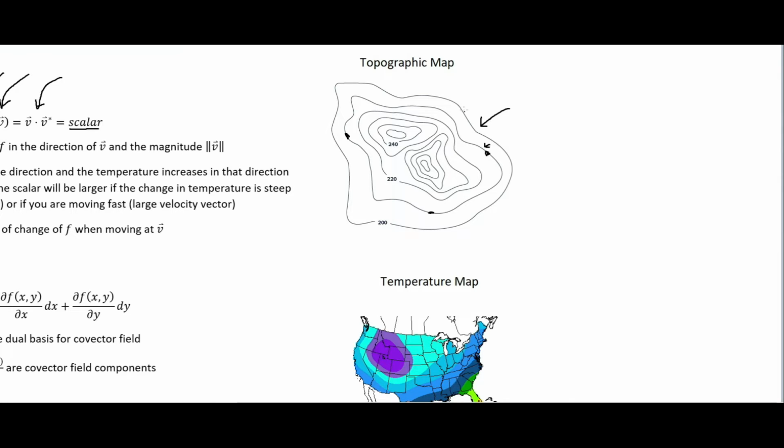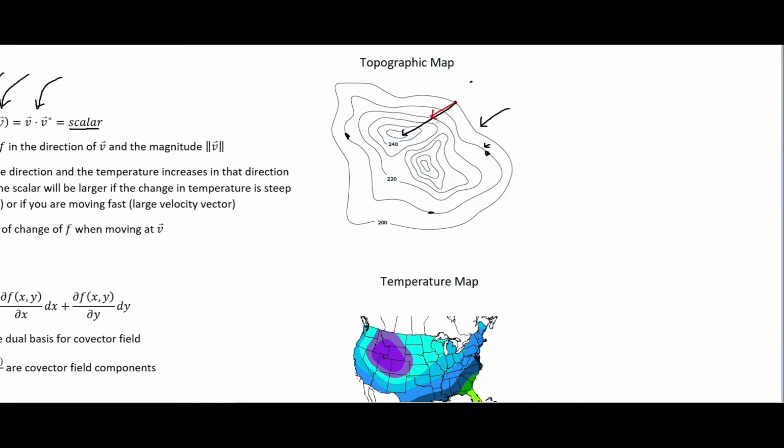And so as we go from, say, here this way, this right here is a vector that maybe we could say is our velocity. When we take the dot product of that vector with this covector field, we actually get how high up we go. And so we can see that if our velocity, for instance, is this, then we will go up to a higher elevation than if we just went like that.